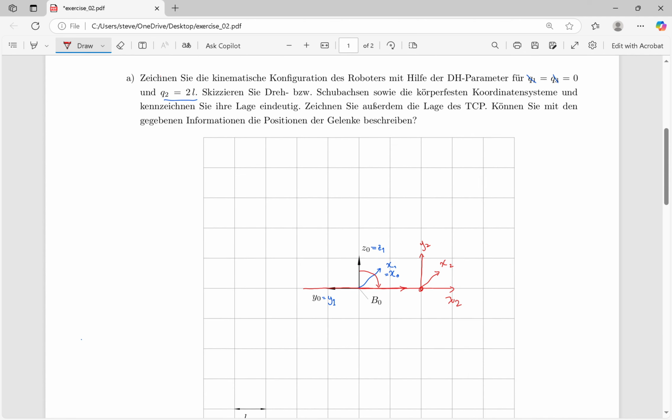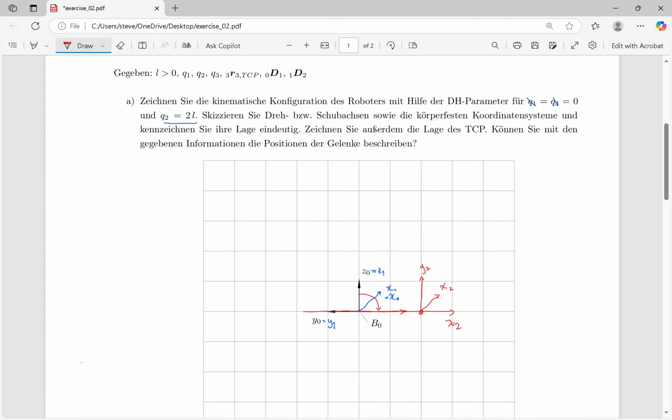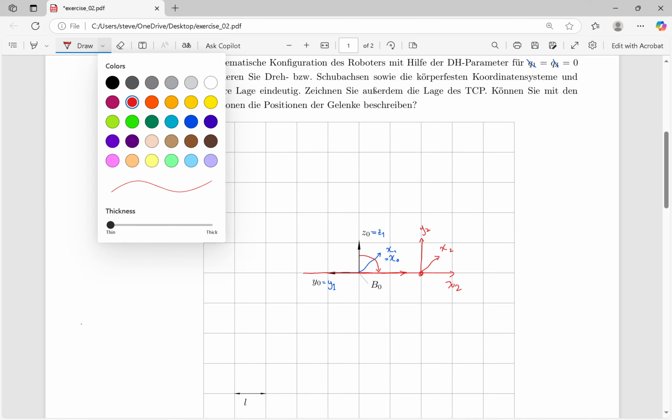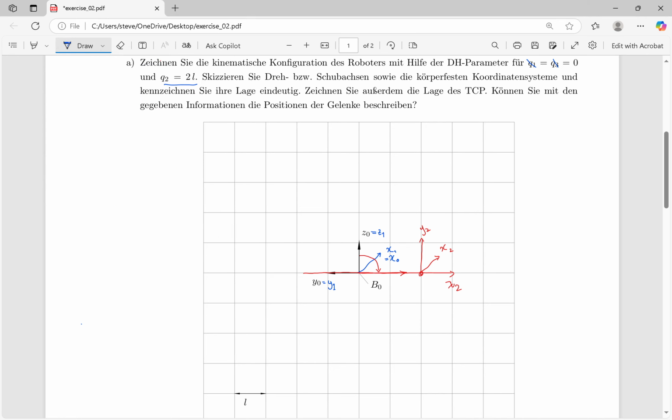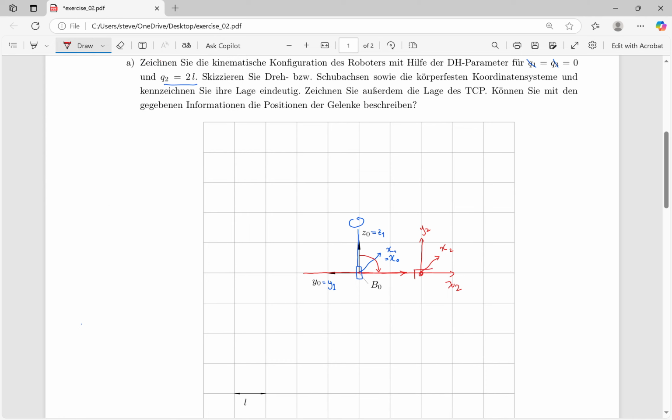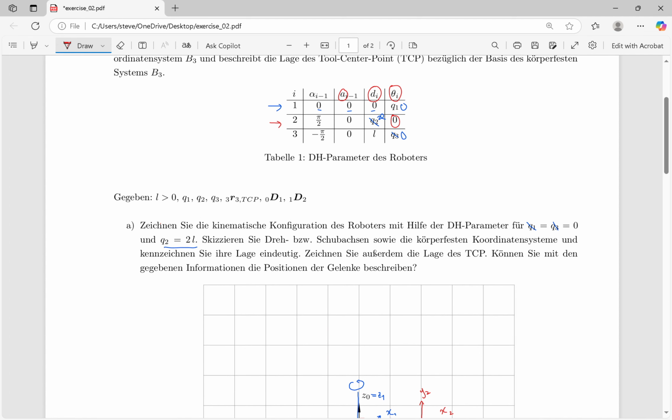Okay, now let's move to the third axis, but before that we have to draw in the axis as well. So I forgot to draw in the axis rotation. So for 0, that would be along the axis z0, and it rotates like this. And for axis number 2, it's like this, and this is not a rotational axis because of the parameter di.